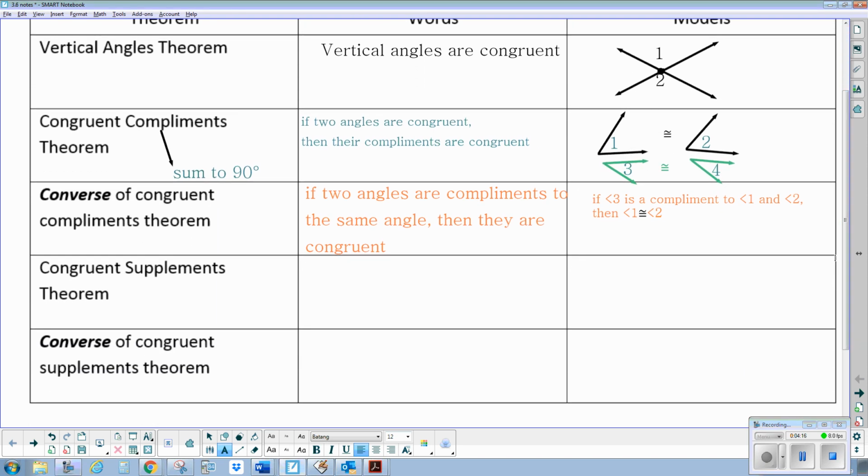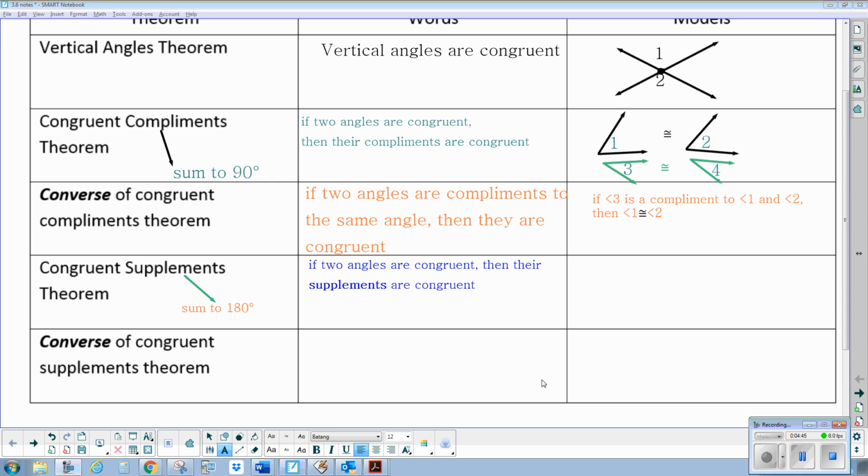Okay, we're going to use the same idea for these complements theorems to define our supplements theorems. So the congruent supplements theorem, remember, supplements are angles that sum to 180 degrees. So the congruent supplements theorem says if two angles are congruent, then their supplements are congruent.